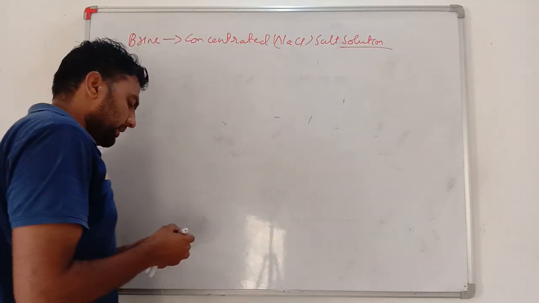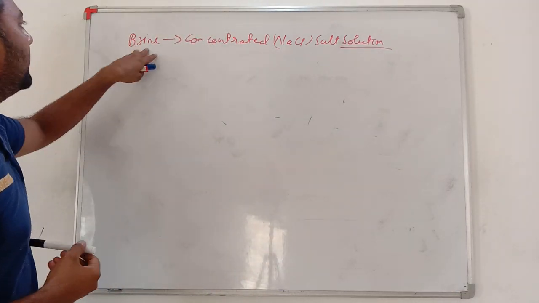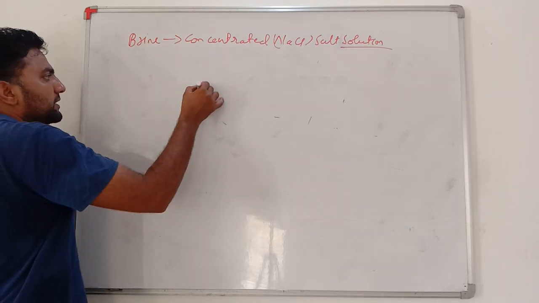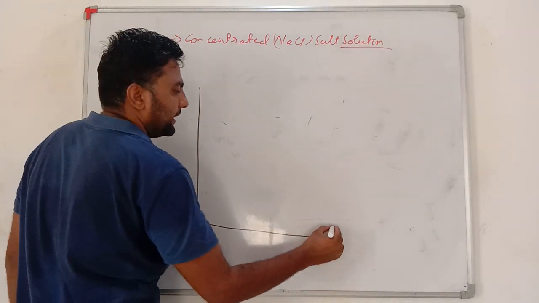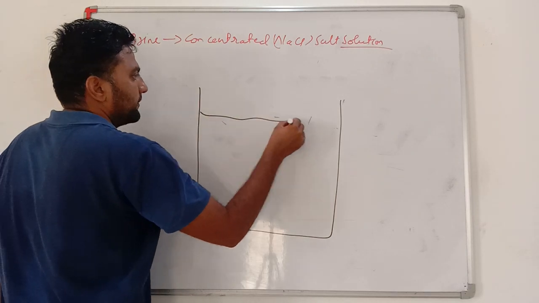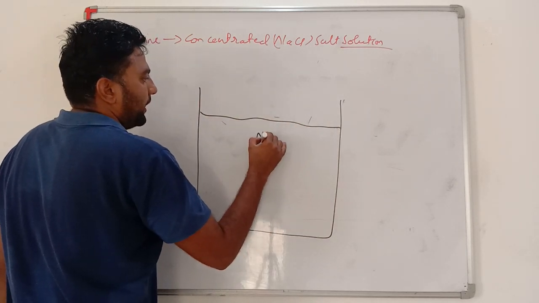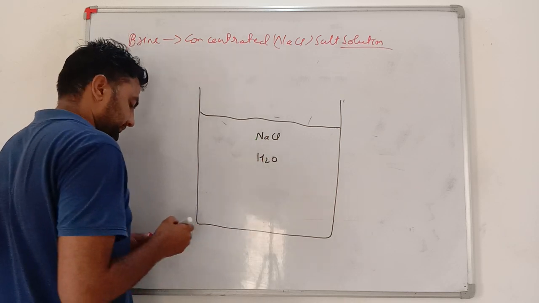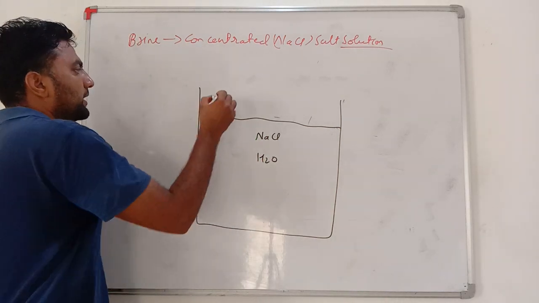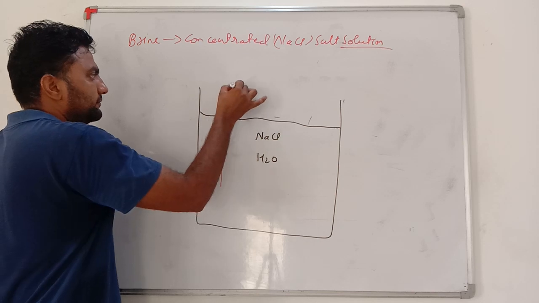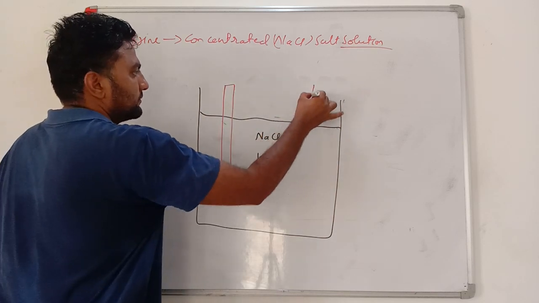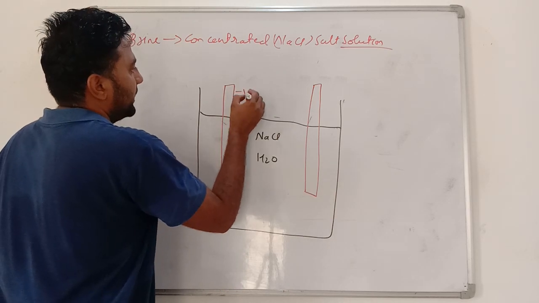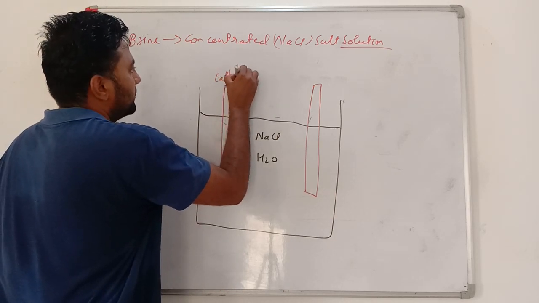See my dear student, when brine's electrolysis is done, or electrolysis is done of concentrated NaCl, sodium chloride and water, and when its electrolysis is being done, this is the negative terminal, that is the cathode.